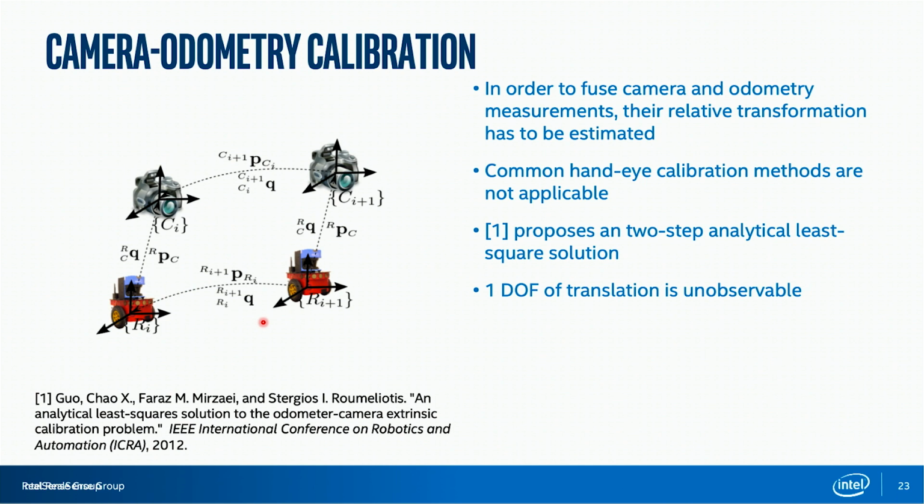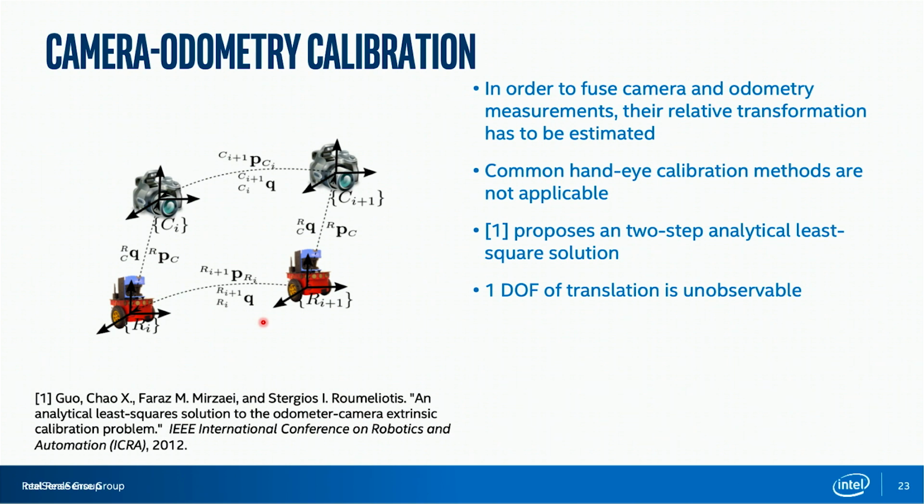The other important aspect for making use of the wheel odometry is the calibration between the camera and the robot, obtaining the relative transformation. We briefly saw another hand-eye calibration before.